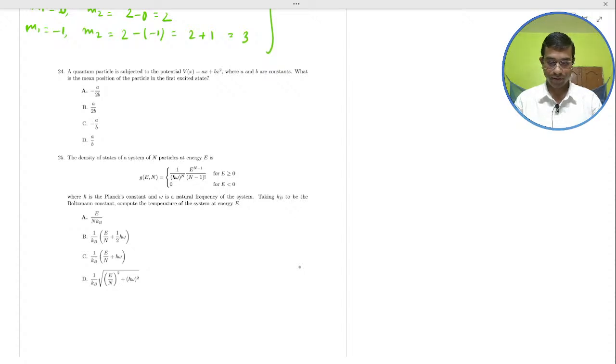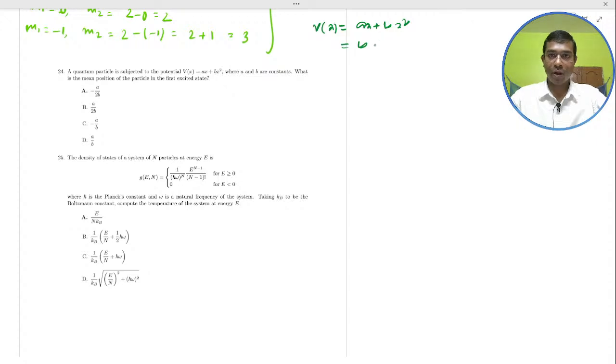Try yourself first. Simple. The potential given is V(x) = ax + bx².